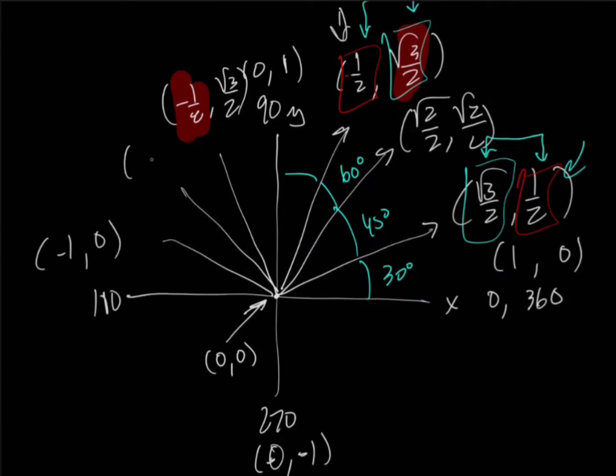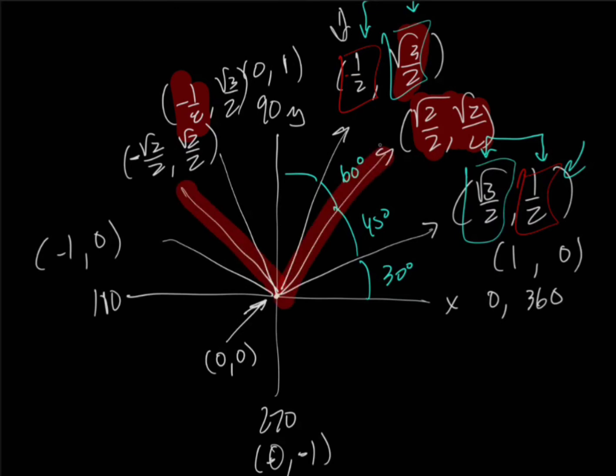Likewise, this one over here would be negative square root of 2 over 2, and then this would be square root of 2 over 2. How do I get that? Well, over here, for the middle line, it's the square root of 2 over 2, comma, square root of 2 over 2. Well, this one is also square root of 2 over 2, square root of 2 over 2. The only difference is that the square root of 2 over 2 for the x is negative because, again, we're in the negative x space.